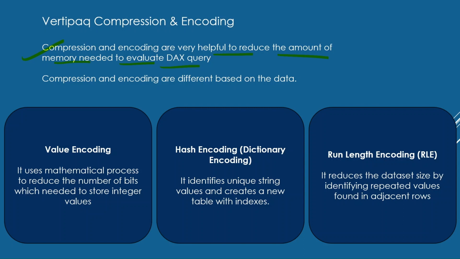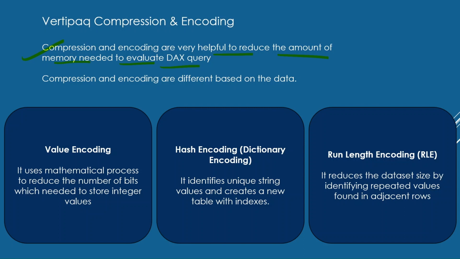The goal of compression and encoding is to reduce the amount of memory needed to evaluate a DAX query. With the help of compression, we create a smaller data model, and when the data model is small, it will require a small amount of computer resources to process.